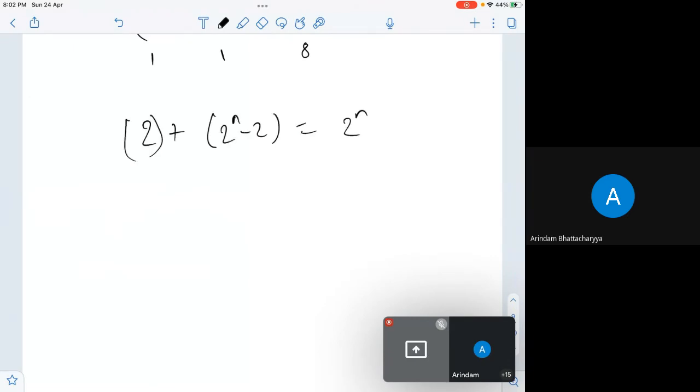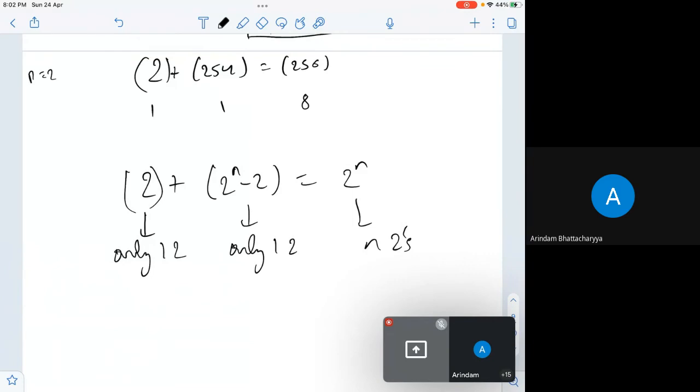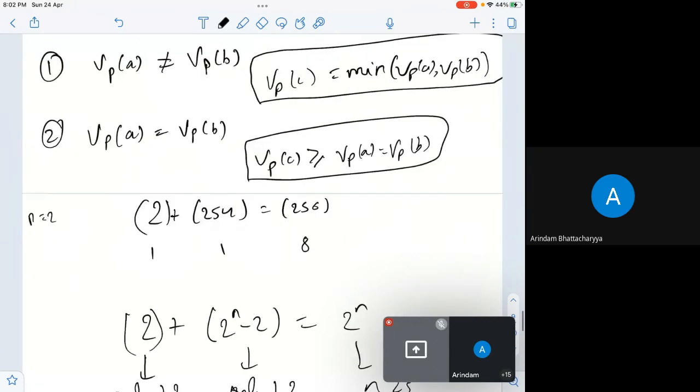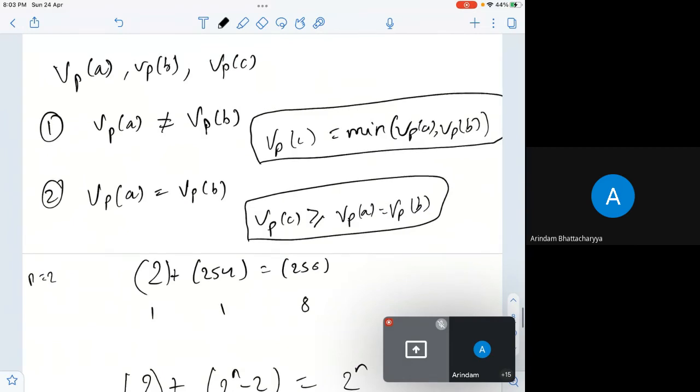This is 2 power n, right? This has only one 2 in its prime factorization. This also has only one 2. This has n 2s. Make sense?